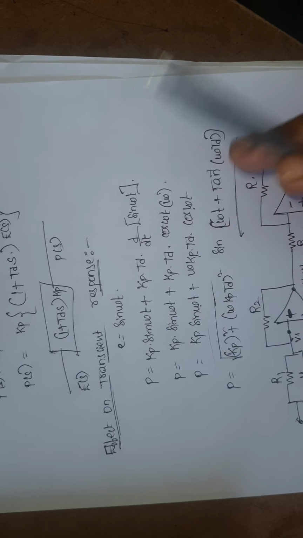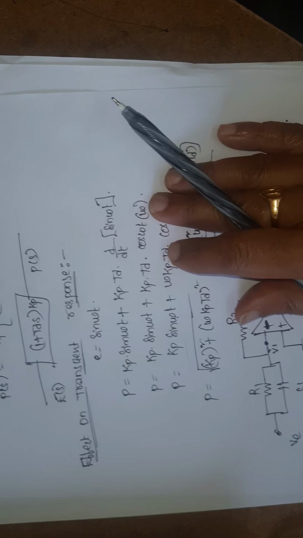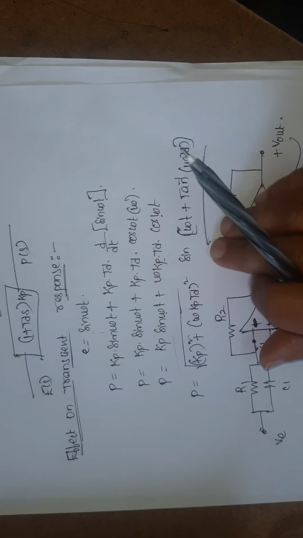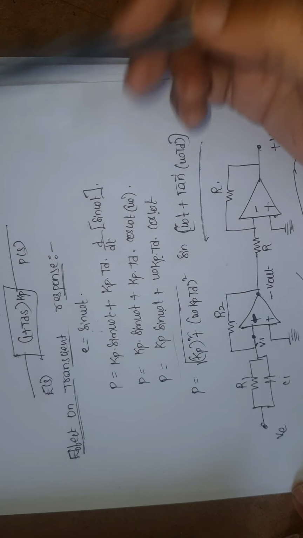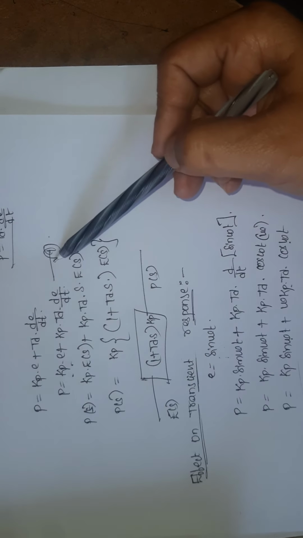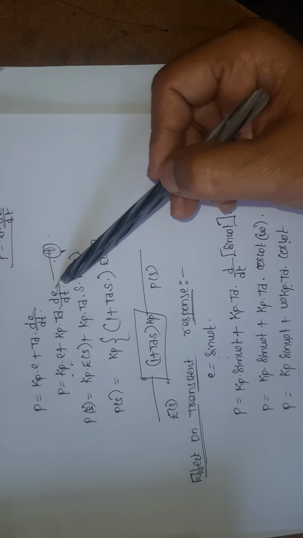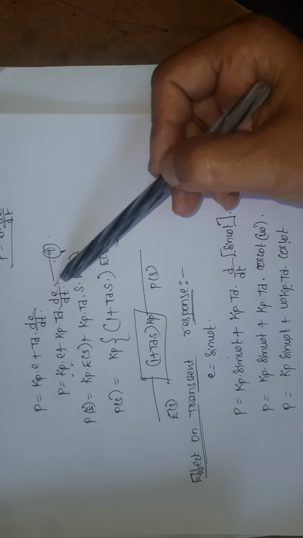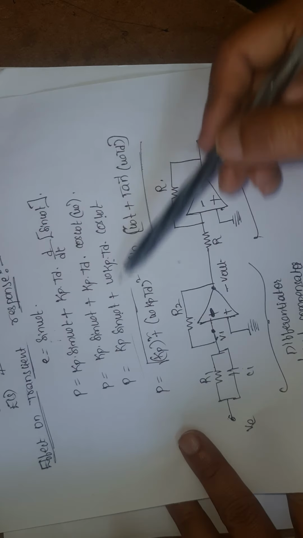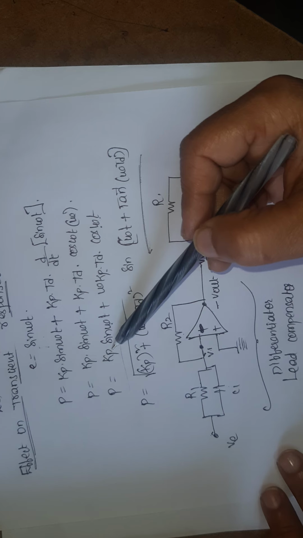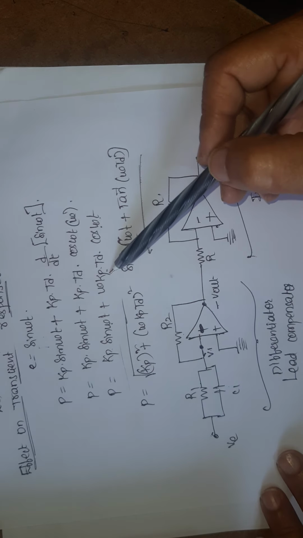Effect on transient response: it will be analyzed by considering the error signal and substituting it in the first equation, sine omega t plus Kp into Td into d by dt of sine omega t. After the differentiation, I will get this equation in terms of a sine omega t plus b cos omega t.